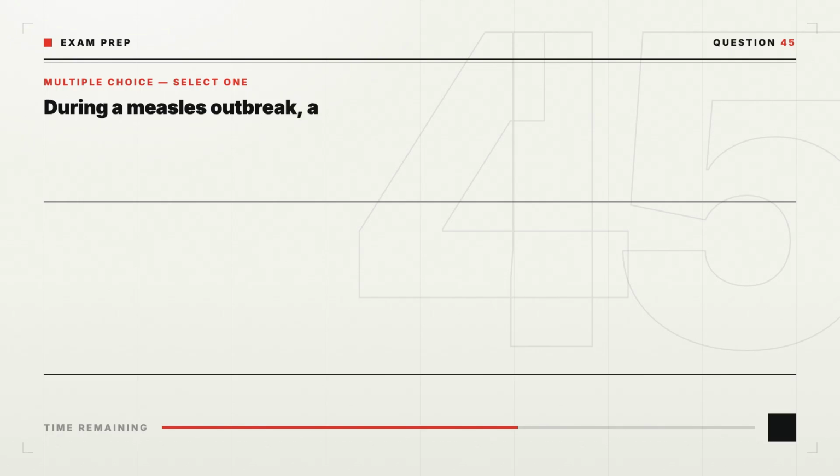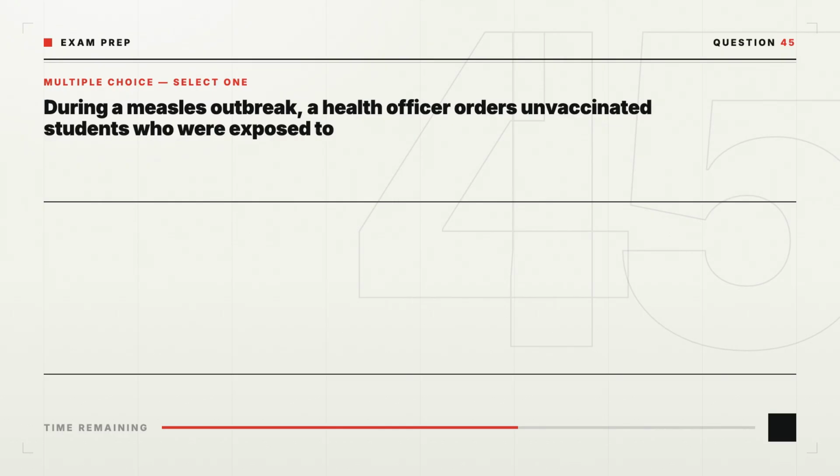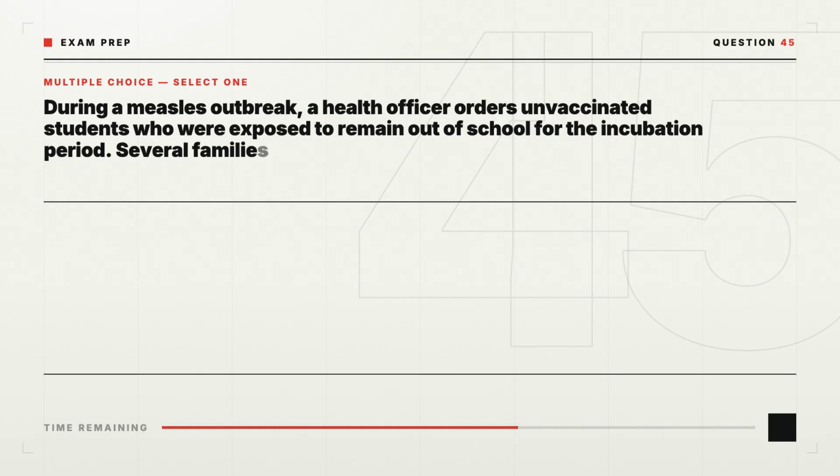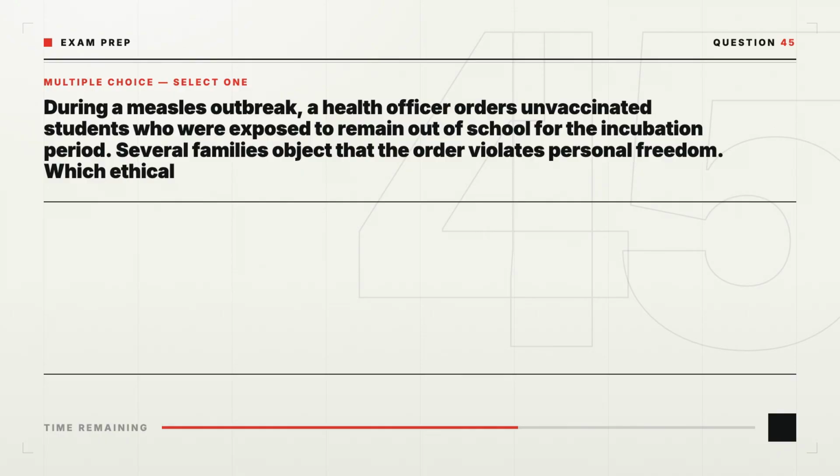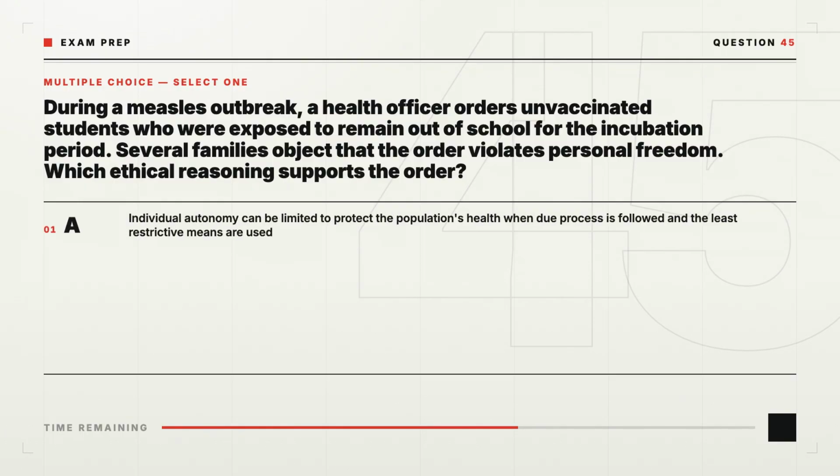Question 45. During a measles outbreak, a health officer orders unvaccinated students who were exposed to remain out of school for the incubation period. Several families object that the order violates personal freedom. Which ethical reasoning supports the order? Your options are: A. Individual autonomy can be limited to protect the population's health when due process is followed, and the least restrictive means are used.